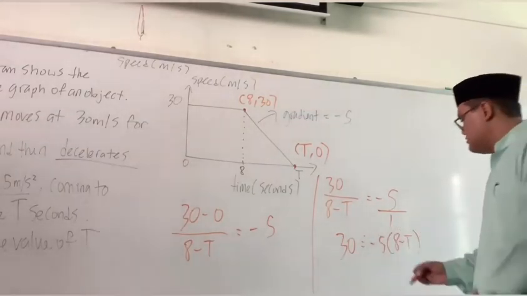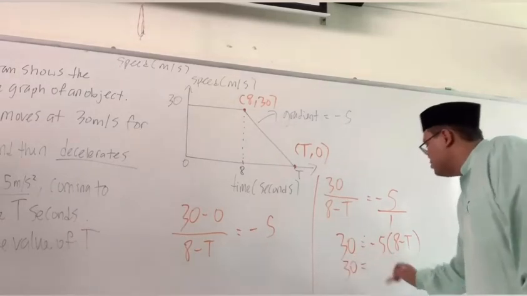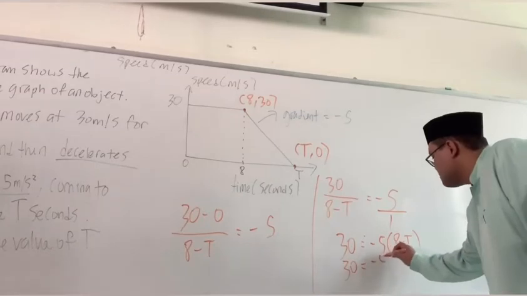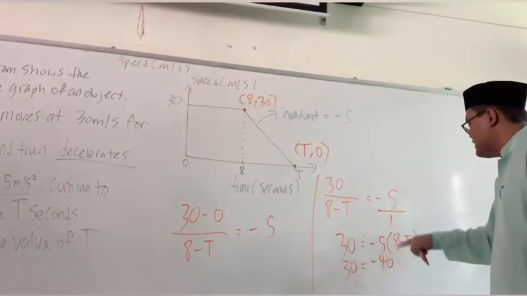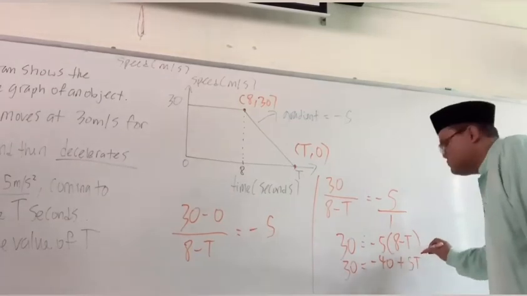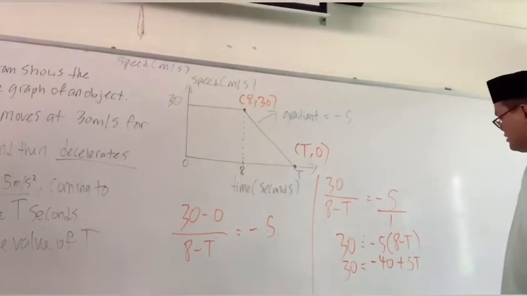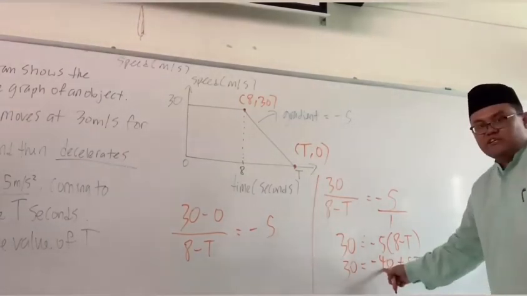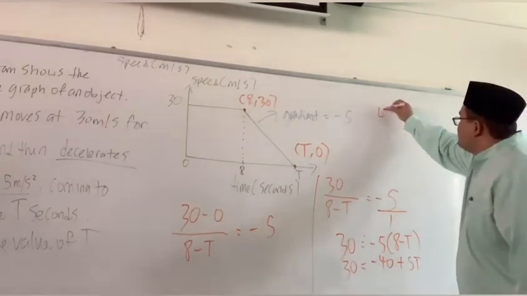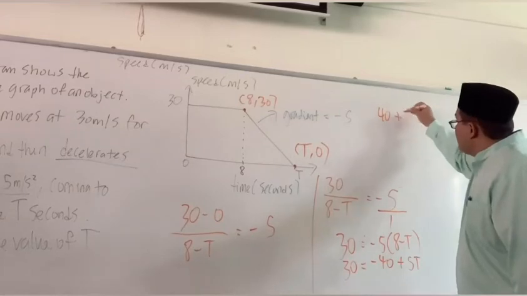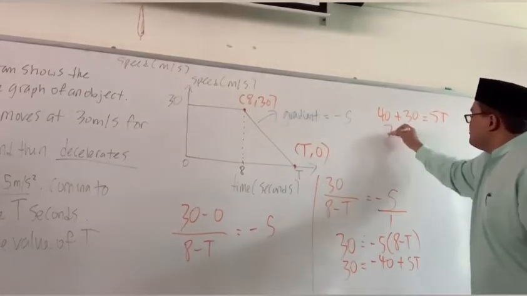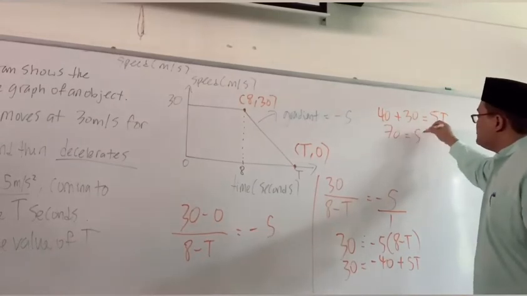So expand. 30 equals -5 times 8 is -40, -5 times -t is plus 5t. Okay? So, let's continue. -40, I bring over there, becomes plus 40. So, 40 plus 30 equals 5t. So, 70 equals 5t.